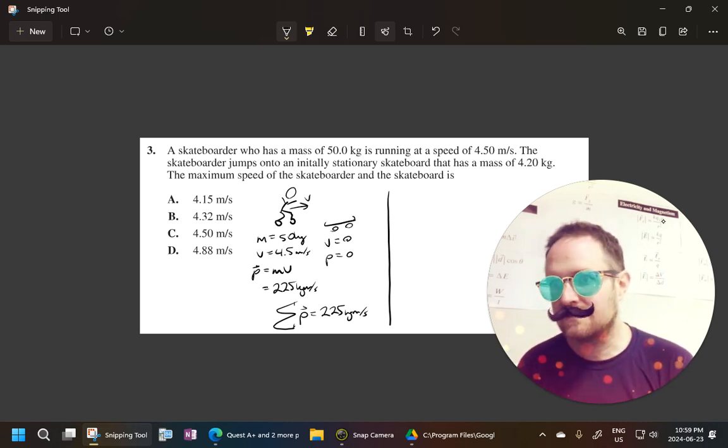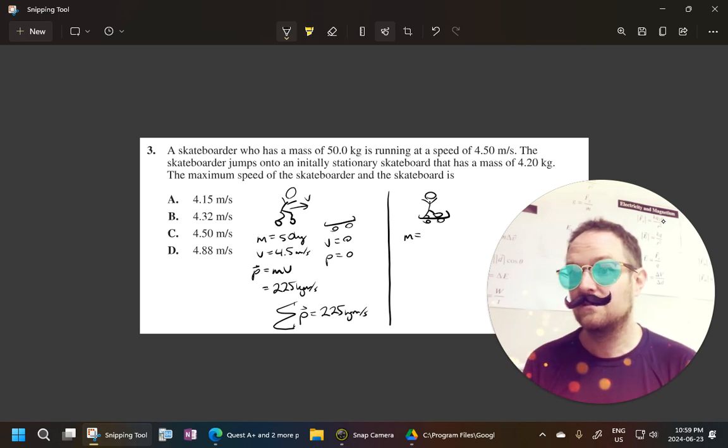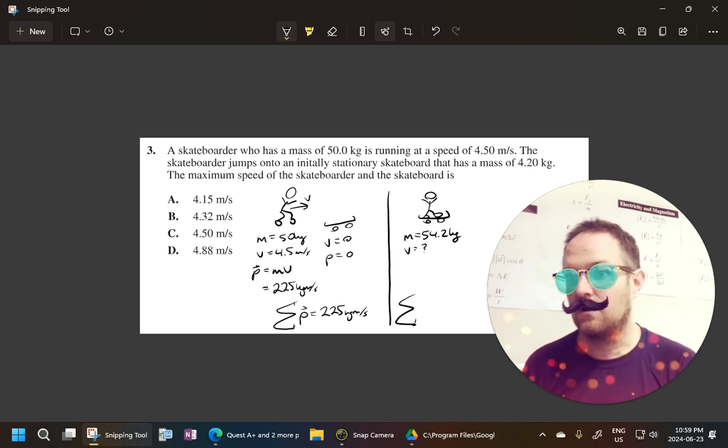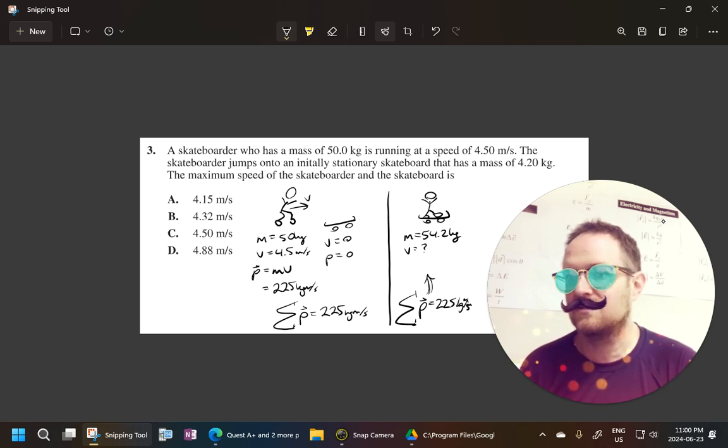But afterwards, they're going to be one object now. They're together, so the mass has increased to 54.2 kilograms. We don't know the velocity, but we do know that all the momentum on this side has to add up to 225 kilogram meters per second. This is the only object on this side, so it has to have all this momentum.